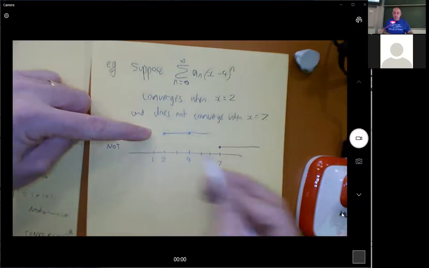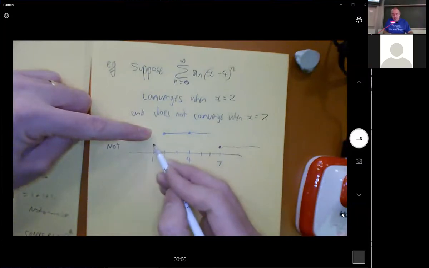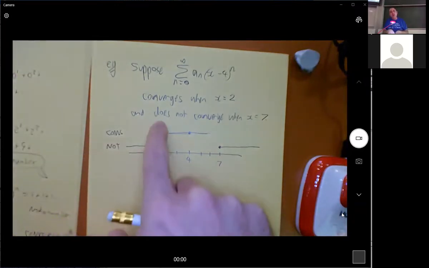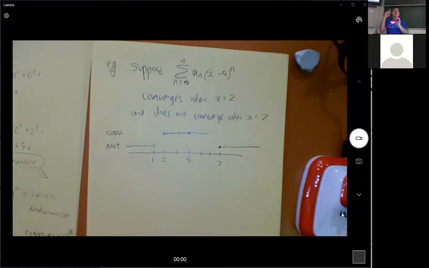And if it diverges 3 away, it's going to have to diverge for everything after here. But we don't actually know. It might converge exactly at 1 because it's only before and after. We don't know what happens at a particular spot. So my interval of convergence is any interval that's sort of between 1 and 7 and centered on 4. Any of those could be the interval of convergence.